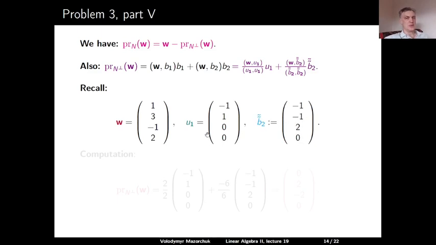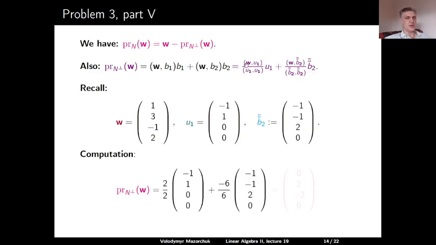So we can now plug this into this formula, and we get that the orthogonal projection of w onto the orthogonal complement of n is equal to, so w and u1, so what we get, minus 1 plus 3, it gives us 2. So u1 scalar square is 2, and then the vector u1 plus the scalar product between these two vectors, minus 1, minus 3, minus 2, 0. So this is minus 6.